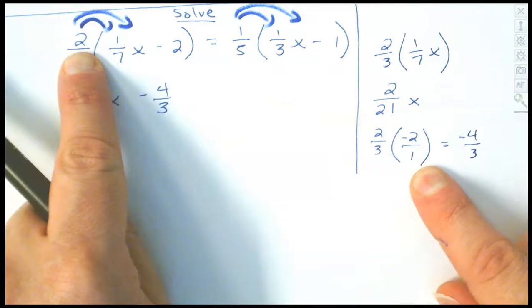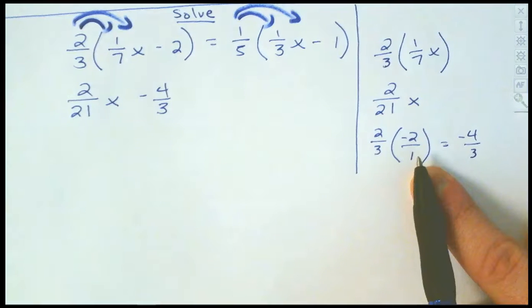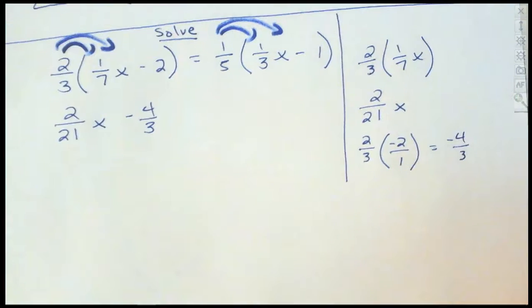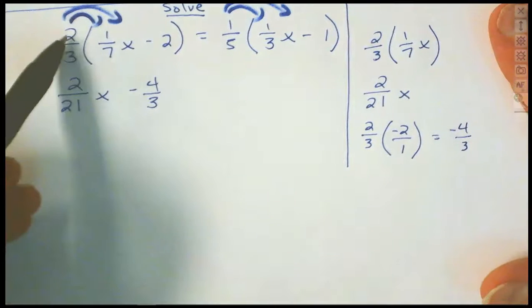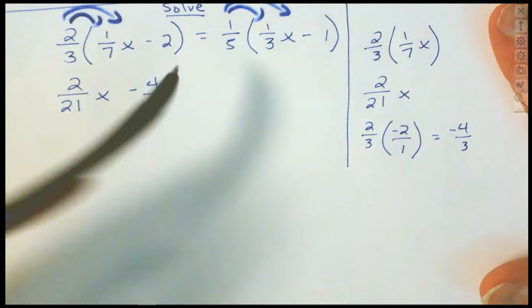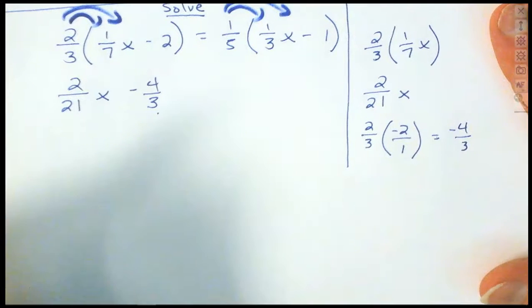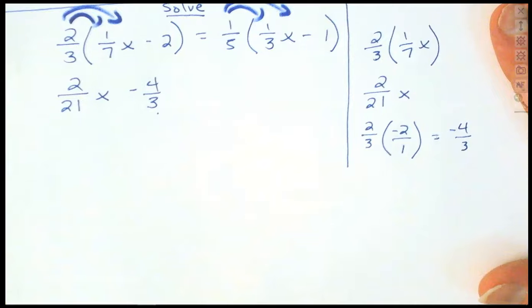The only reason I wrote it as a minus 2/1 is just so I can keep track and realize that's a whole number. You could have done that mentally if you wanted to and just said, okay, 2 times negative 2, that's negative 4, and I'll just put the 3 down below. But just as a review and refresher for everyone, I wrote it out over here. That's just that piece distributed through there.